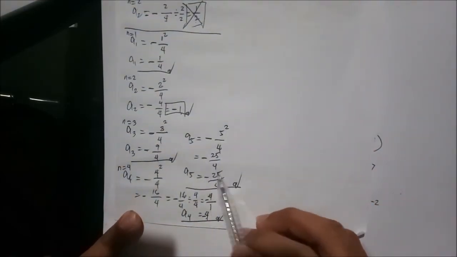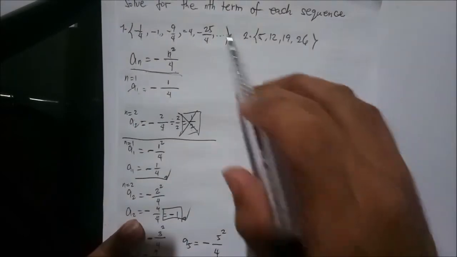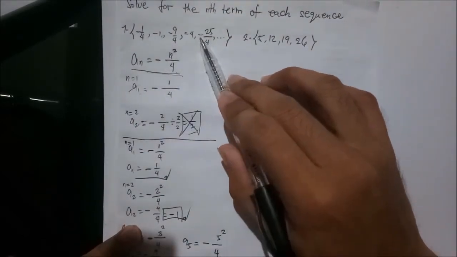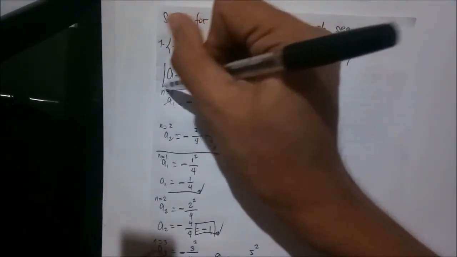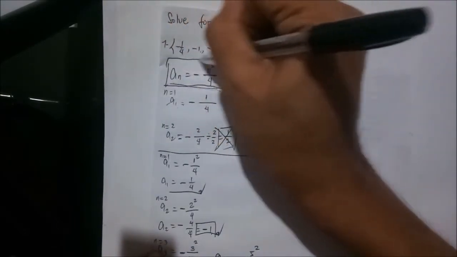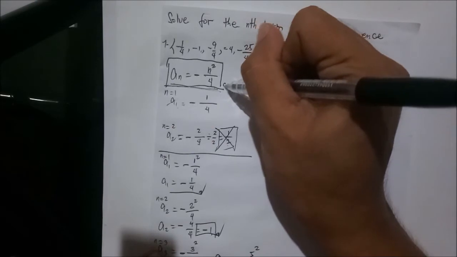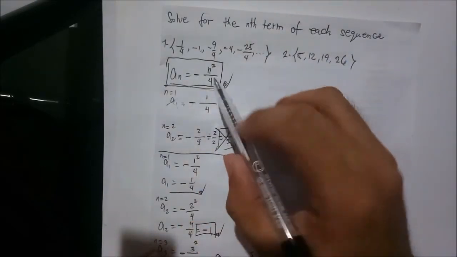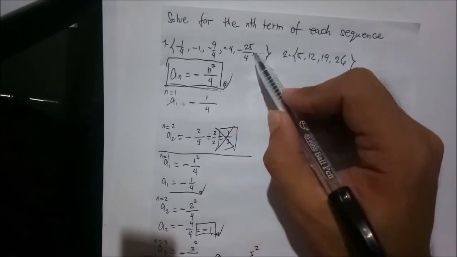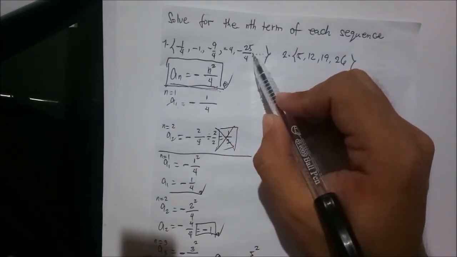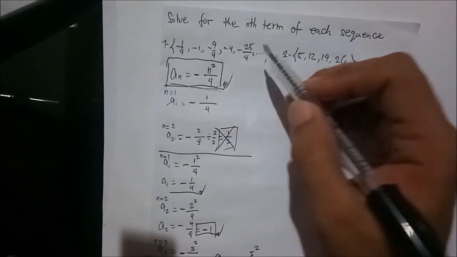From your given, it is negative 25 over 4. So your n term is correct.